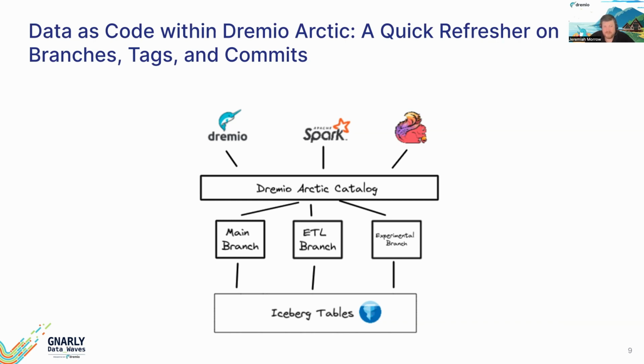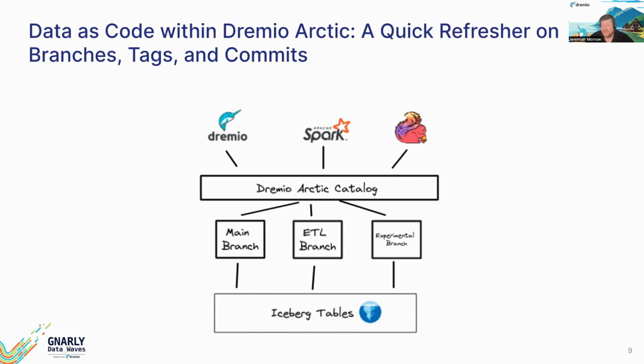So the first concept is branching. When you create a branch, you're essentially creating a virtualized view of a table in your data lake at a specific point in time. It's not a data copy. They're metadata pointers. That's a really important distinction. This is still a no copy architecture, but branching enables you to do a lot of things with the table without making changes to the main or production branch of the table, the one that everybody's accessing and using for analytics.